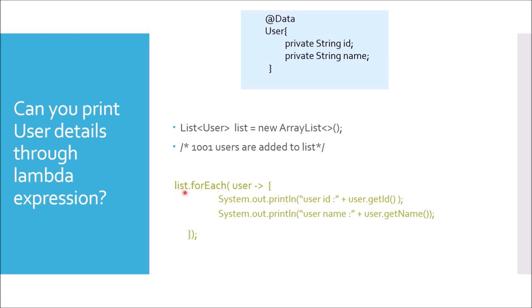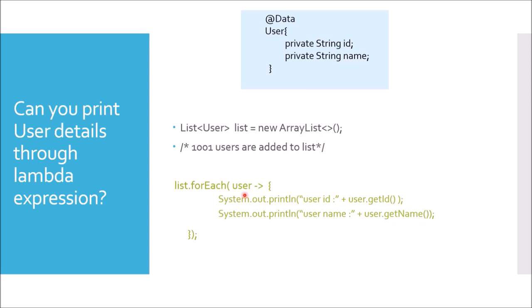This list contains users and forEach will iterate on each of the users. So here I have a single user. This single user has two fields, ID and name, and I want to print the details of the user, meaning I have to print the ID and name also.